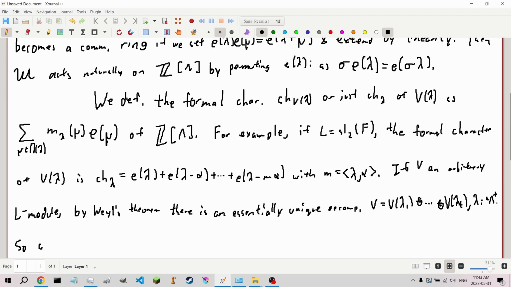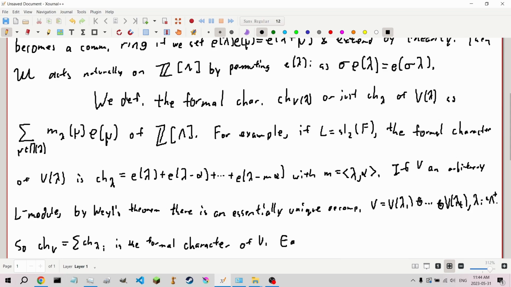So CH of V is the sum of CH of lambda i, which may be called the formal character of V.